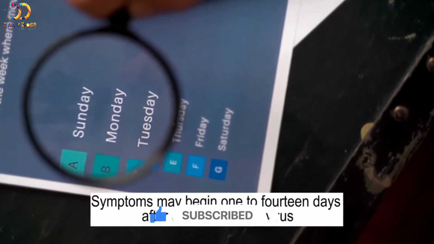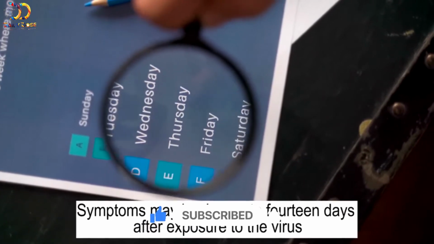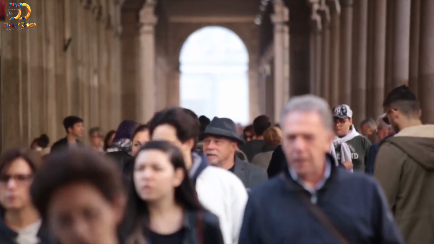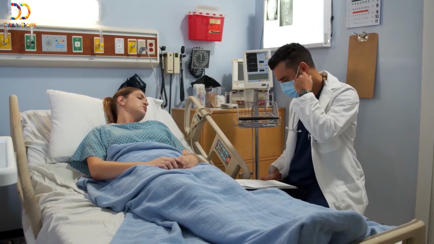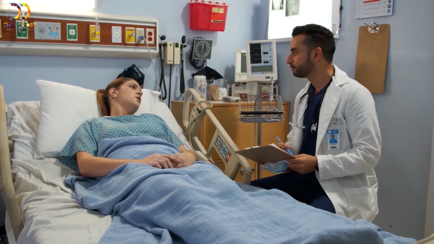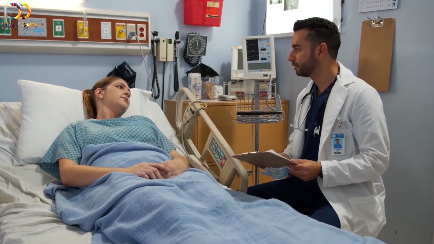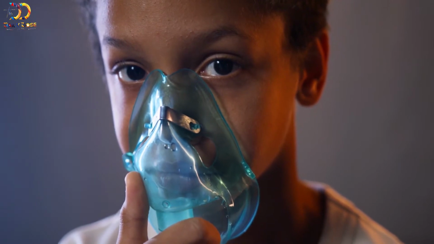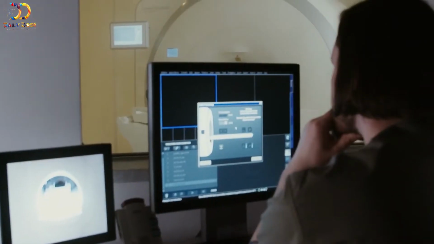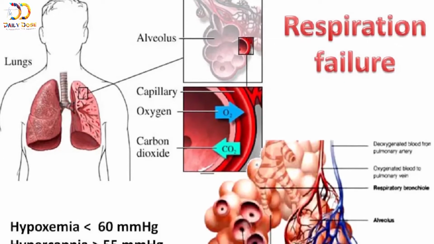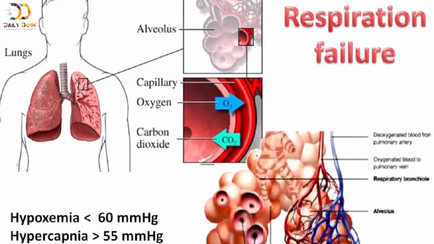Symptoms may begin 1 to 14 days after exposure to the virus. At least a third of people who are infected do not develop noticeable symptoms. Of those people who develop symptoms noticeable enough to be classed as patients, 81% develop mild to moderate symptoms, while 14% develop severe symptoms that are dyspnea, hypoxia, and more than 50% lung involvement on imaging, and 5% develop critical symptoms that are respiratory failure, shock, or multi-organ dysfunction.